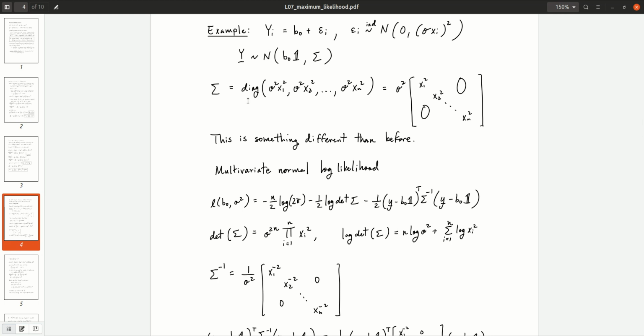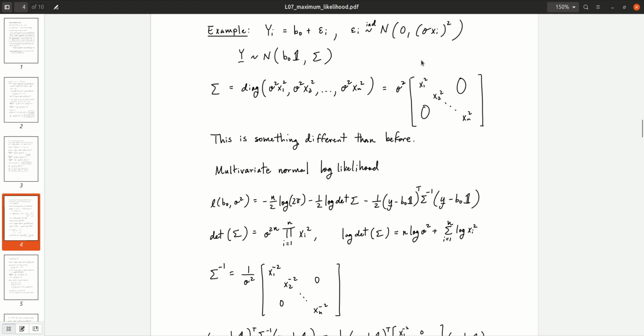We can write out the covariance matrix in this convenient form. In R, there's a function called diag, and I'm using that R notation here: diag of sigma squared x1 squared, sigma squared x2 squared, and so on, up to sigma squared xn squared. What I mean is that capital sigma is a diagonal matrix, and these are the values along the diagonal.